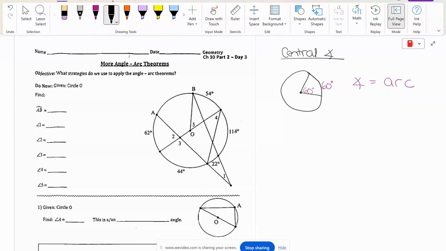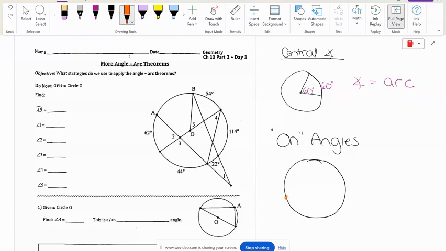All right. Then, like I said, we categorized everything based on the location of its vertex. So we first spoke about what happens when the vertex is on the rim of the circle. And I called those on angles. And one of the on angles we talked about was an inscribed angle, something like this.